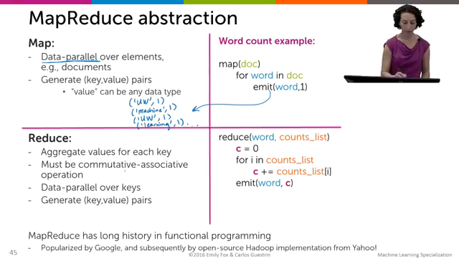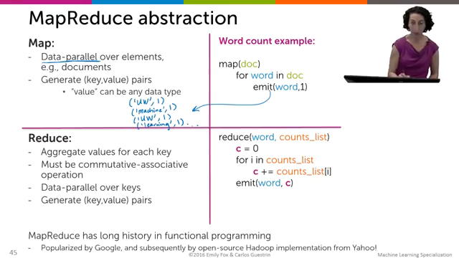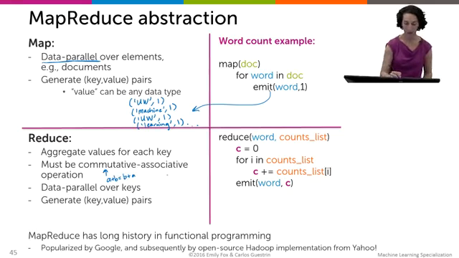Then for the reduce step, this step is going to be one that aggregates over the values associated with every key. And this must be a commutative associative operation. So commutative means that the order of the operations doesn't matter. So for example, A plus B is equal to B plus A. So addition is commutative.